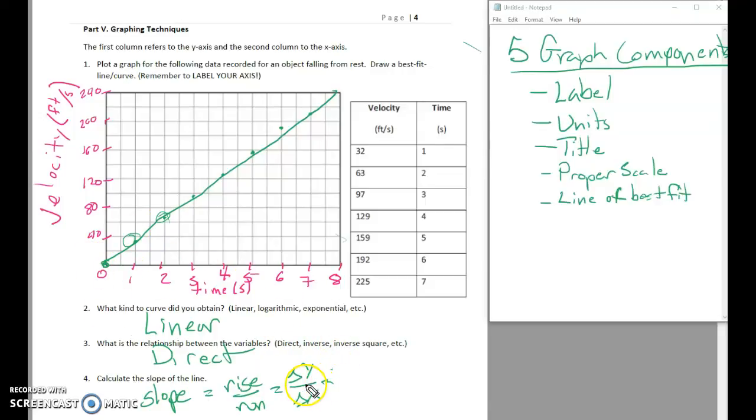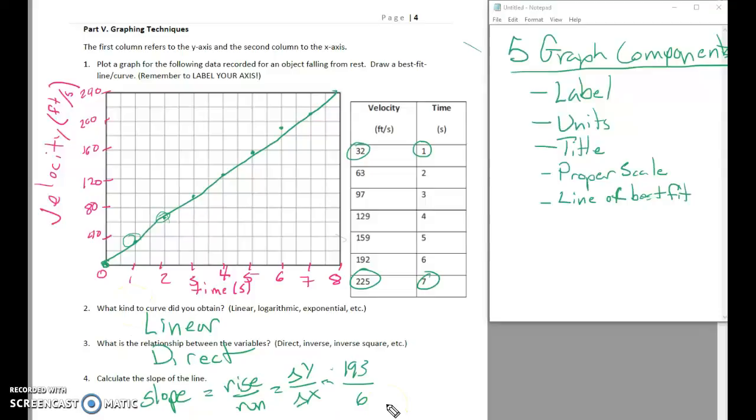To calculate the slope, in this case, we're going to pick just 32 and 1, and then we're also going to pick 225 and 7. So the difference here, 225 minus 32 comes out to be 193, divided by 6. So over these 6 seconds, 7 minus 1, we went 193 feet per second in increase in speed.